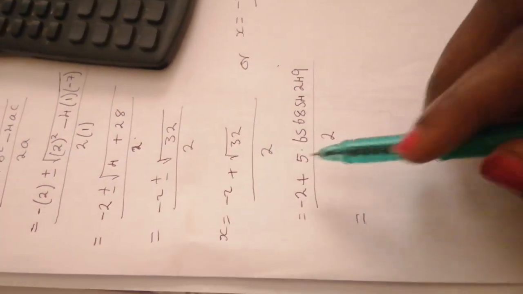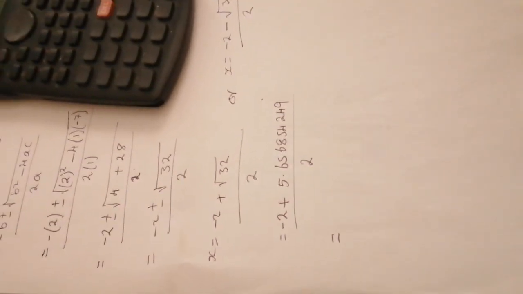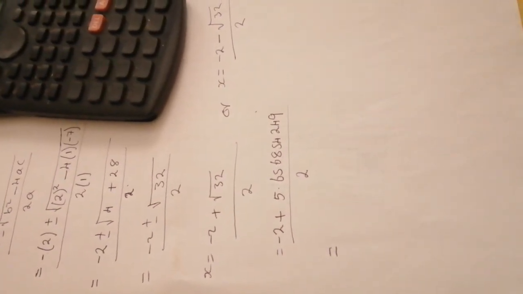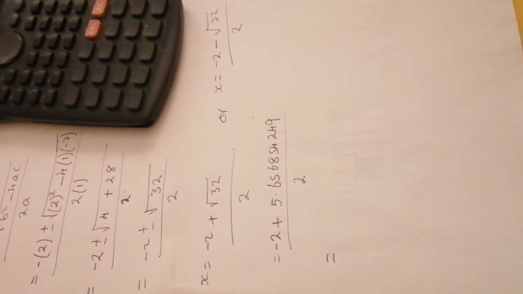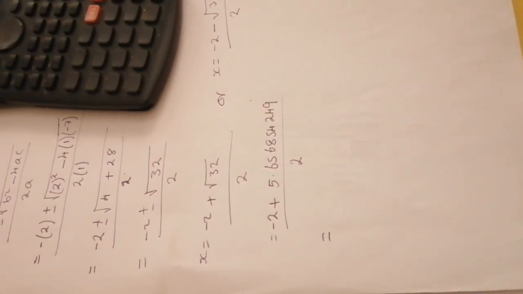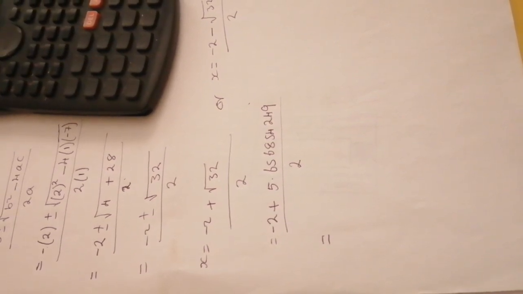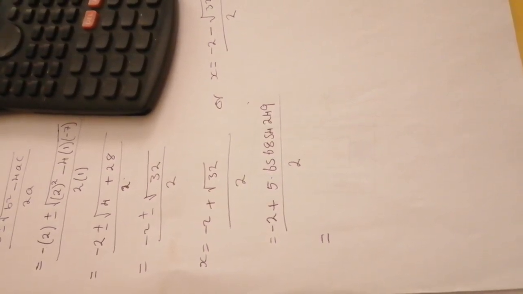Next we need to evaluate negative 2 and the square root of 32. So negative 2 plus 5.6568542449 will give us a positive number. We are dealing with two integers with different signs. One is negative, the other one is positive.